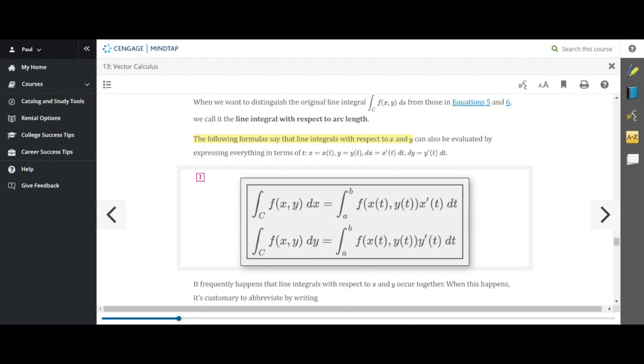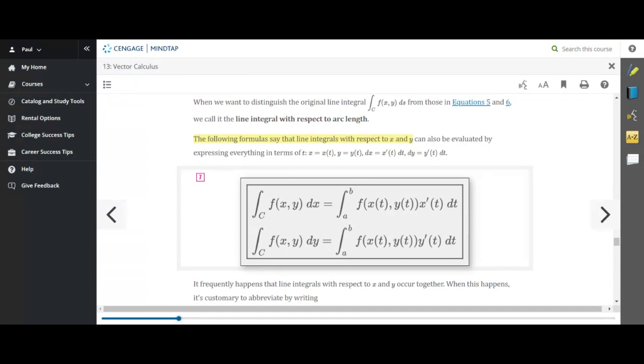And hence you get that first formula that you see in formula 7. The second formula in formula 7 is the line integral with respect to the variable y. So these are two that you're going to need to know.